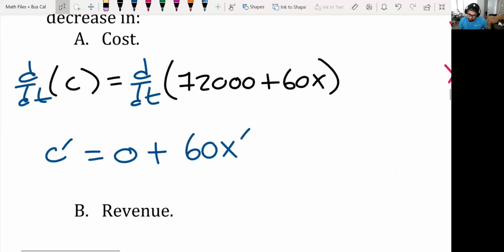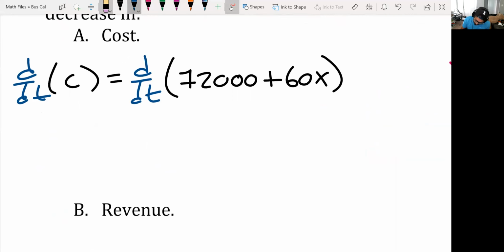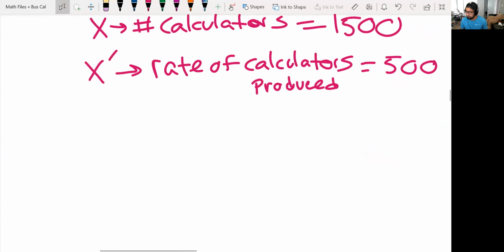And clean it up. Let me write smaller again. One moment. Oh, actually that works. And now all we have to do is plug in the value for x prime. And x prime is 500.